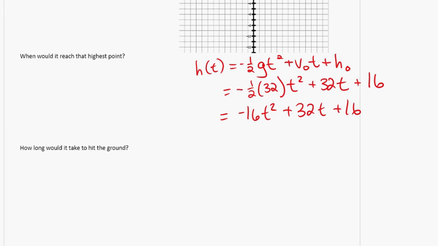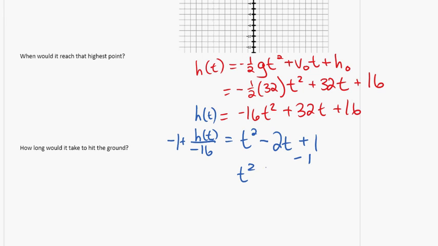Alright, so that's my height, and I want to complete the square. So I'm going to divide everything by -16. t squared minus 2t plus 1. Subtract 1 from both sides to get my c value to be 0.